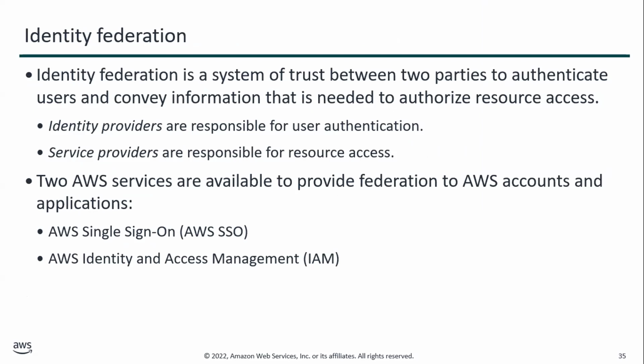There are certain trusted systems which can act in between the user and the AWS account. There is one very good service available called SSO, which stands for single sign-on. So we have AWS single sign-on.